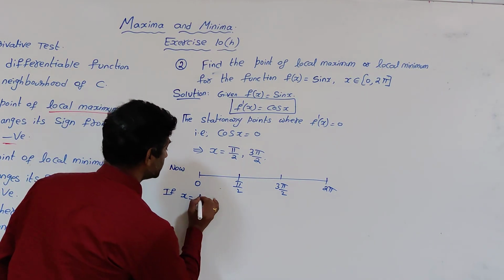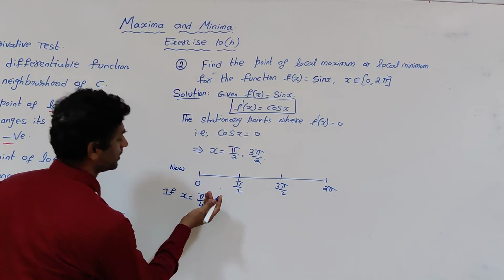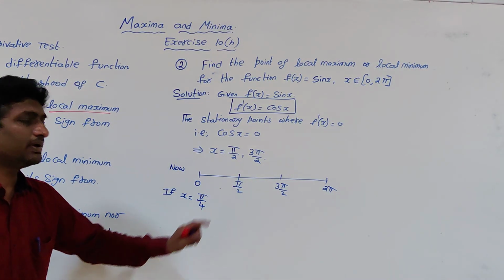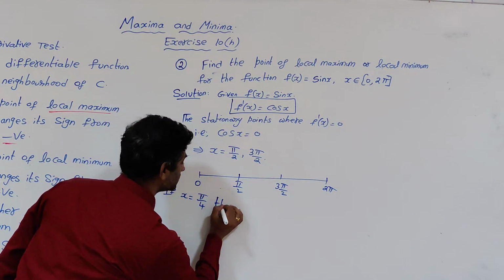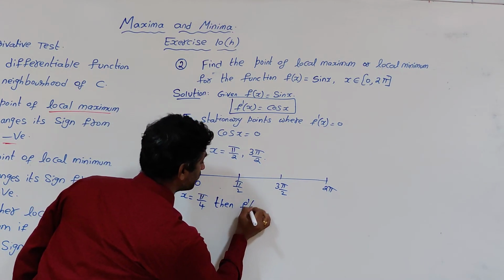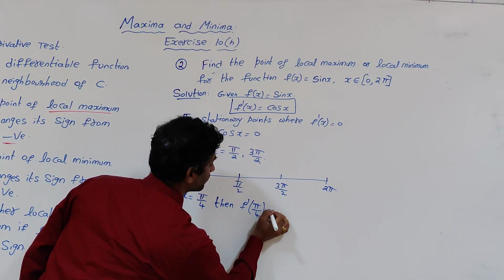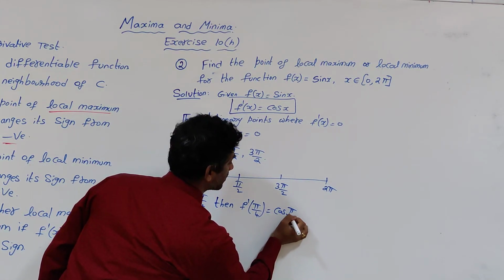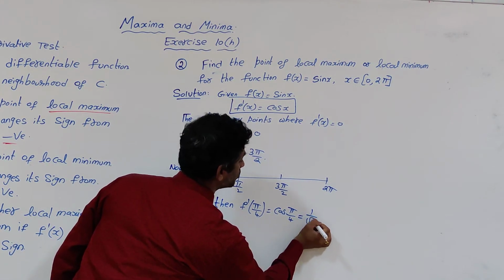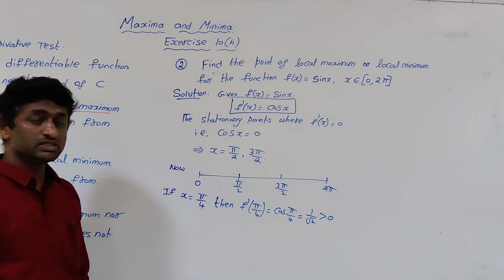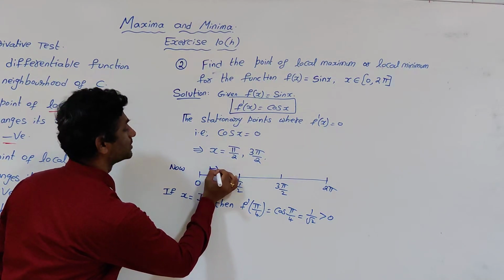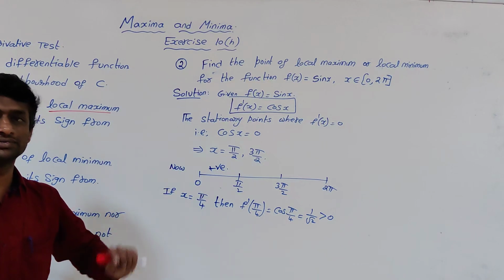Now if x is equal to pi by 4, which is a point in between 0 to pi by 2, then what happens? f dash of pi by 4 will be cos pi by 4, which is 1 by root 2, which is greater than 0. Means f dash of x is positive in 0 to pi by 2.